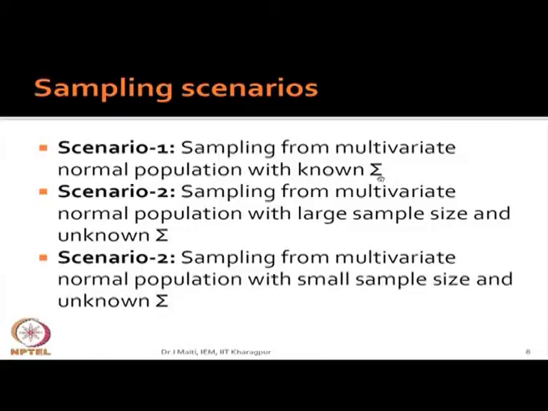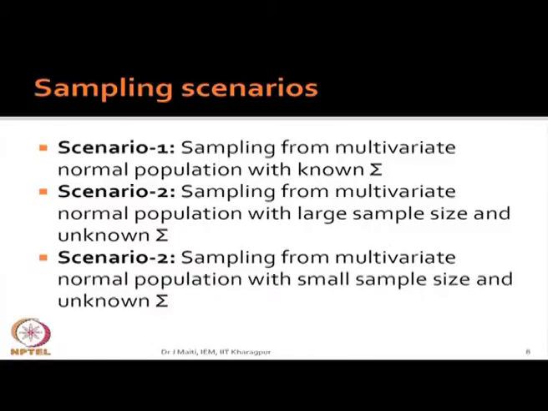Second scenario is sampling from a multivariate normal population with large sample size, but unknown sigma. And the third one is sampling from a multivariate normal population with small sample size and unknown sigma.